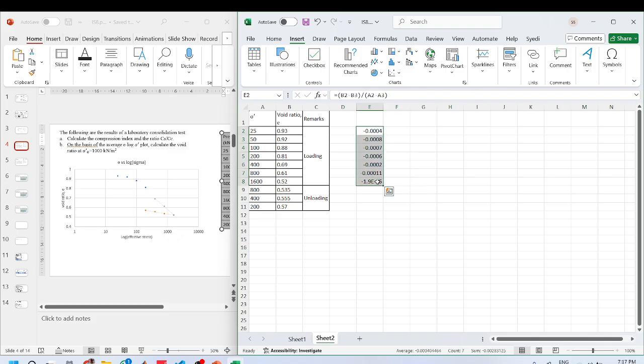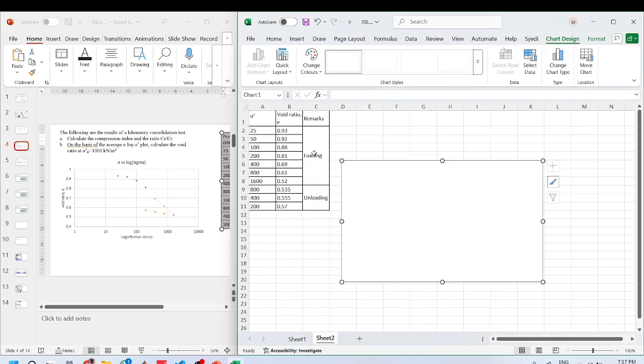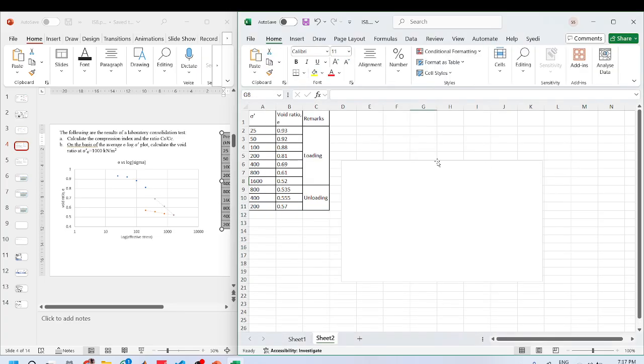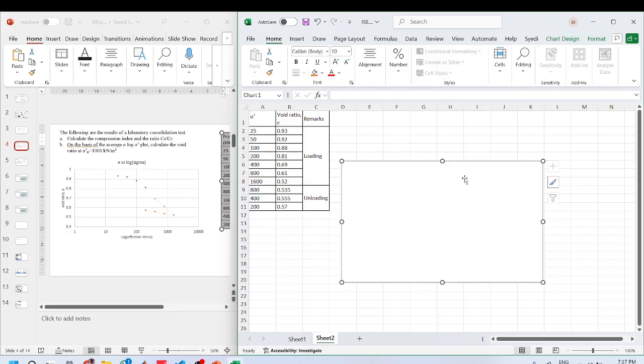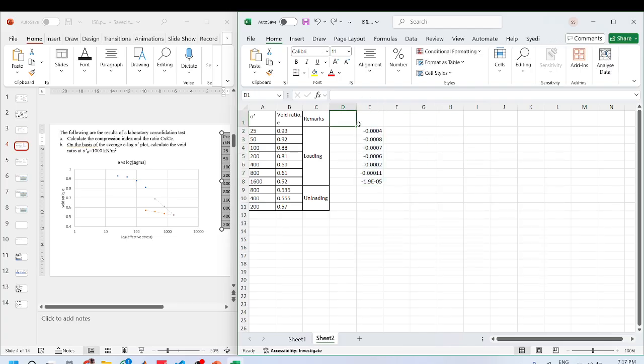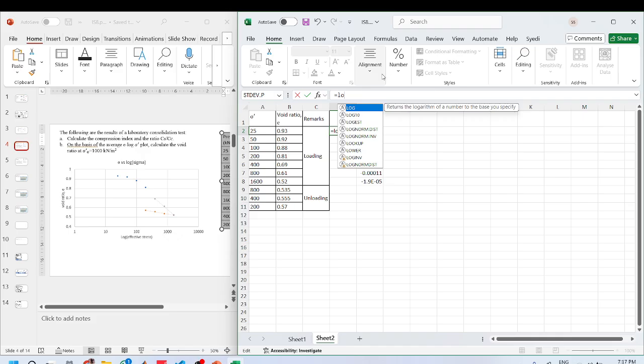But we can't do that. We have to put it because this has to be then in log. Either you can do one more thing. You can take this as log 10 of sigma dash.